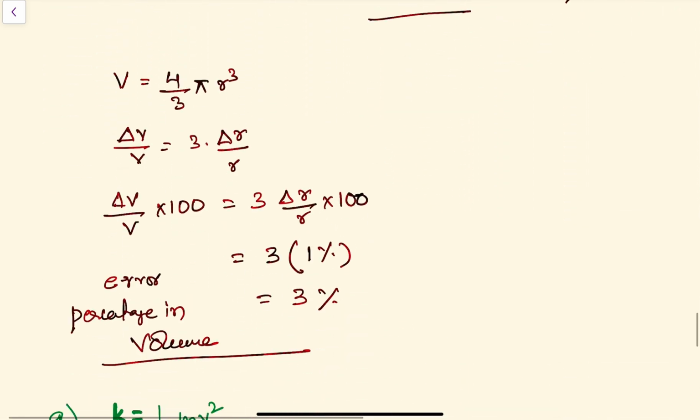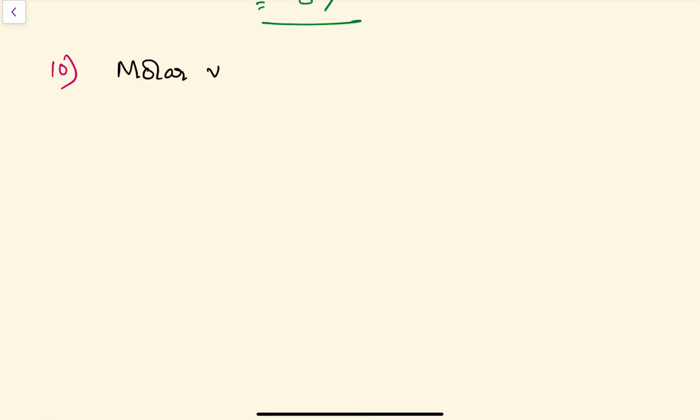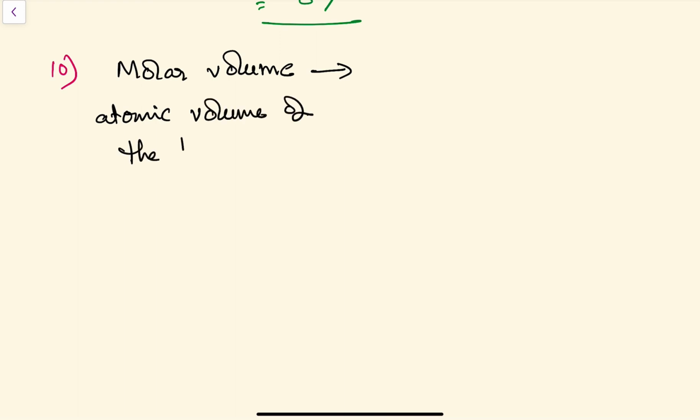First, we shall find the molar volume and atomic volume of hydrogen. 1 mole contains, as you know very well, 6.023 into 10 power 23 atoms.